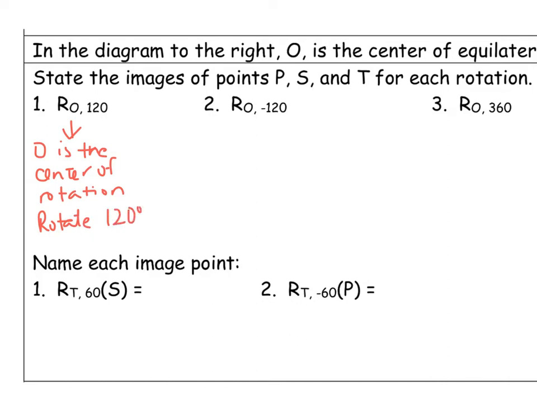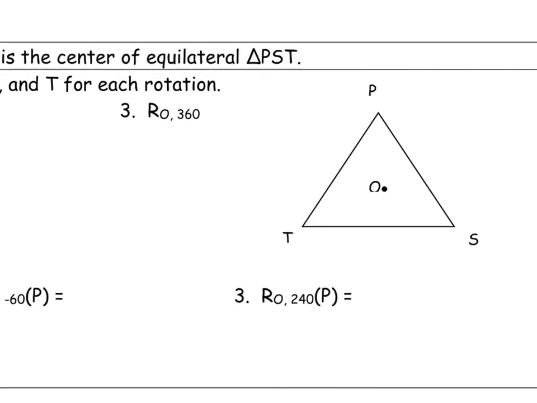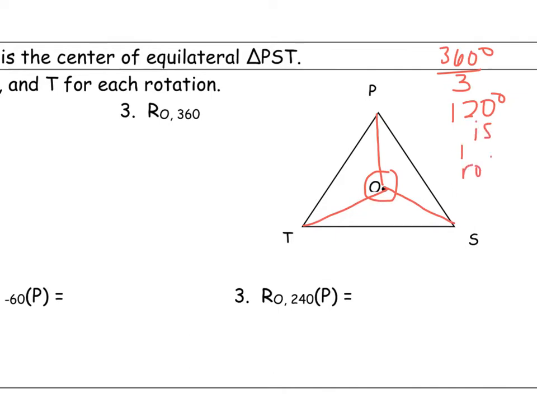So where does the 120 come from? Let's take a look at our triangle over here. O is the center of triangle PST, and again, O is equidistant from each of the vertices. Since this is 360 degrees and we have three triangles, each rotation is 120 degrees, and that's where the 120 comes from. So 120 degrees is one rotation.